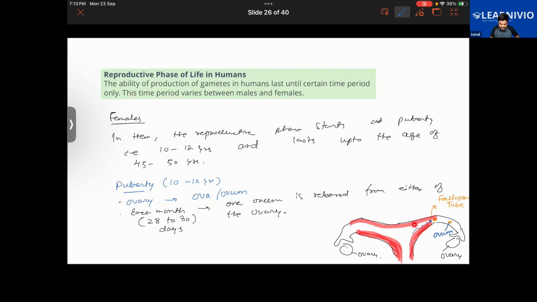When fertilization does not take place, the lining of the uterus will break and shed, and the egg is going to die. There is a lot of blood and lots of muscle tissue in this. So the egg, blood, and lining will fall down in the form of blood. That leads to bleeding in females, and that is called menstruation.